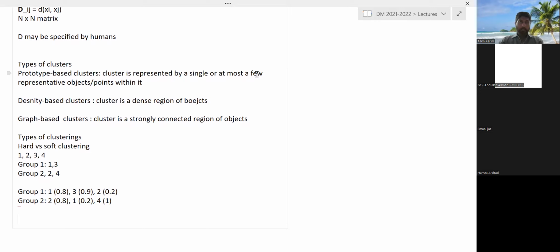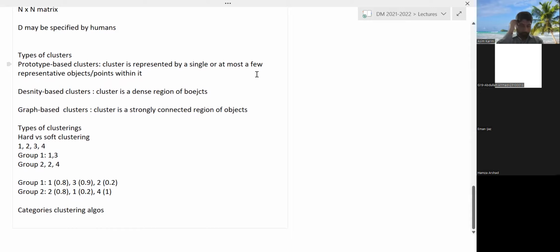And then again, types of clustering. So types of clustering algorithms, or I should say categories. Again, there might be different ways of categorizing the algorithms.